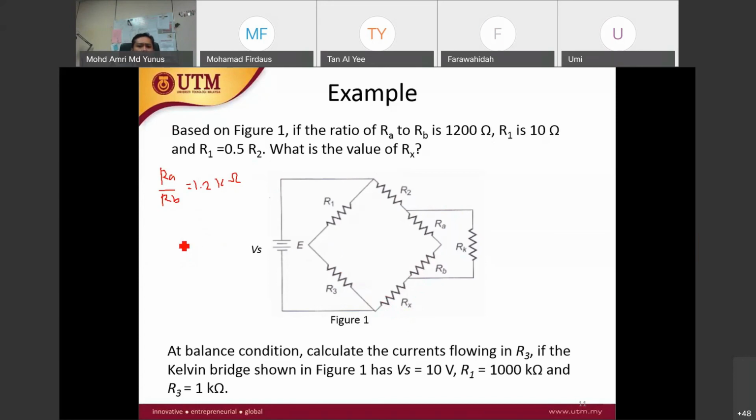So we know that Rx over R2 is equivalent to R3 over R1, isn't it?